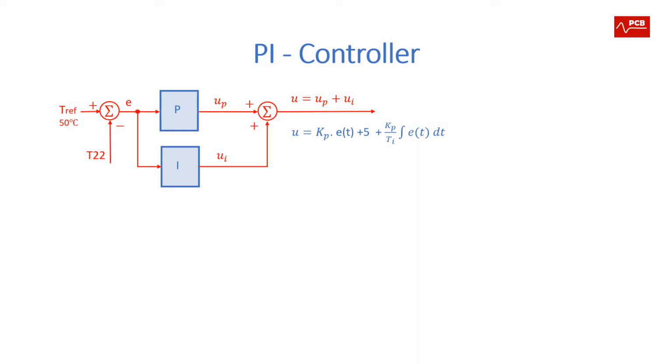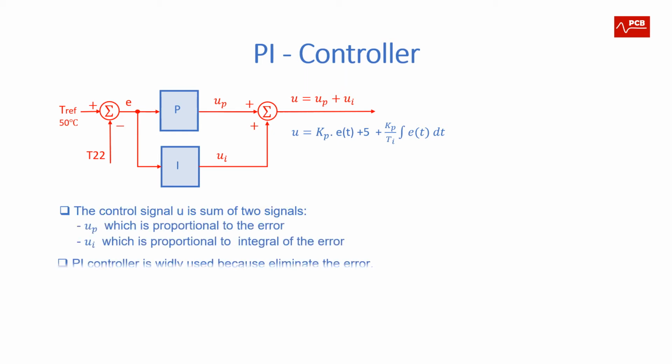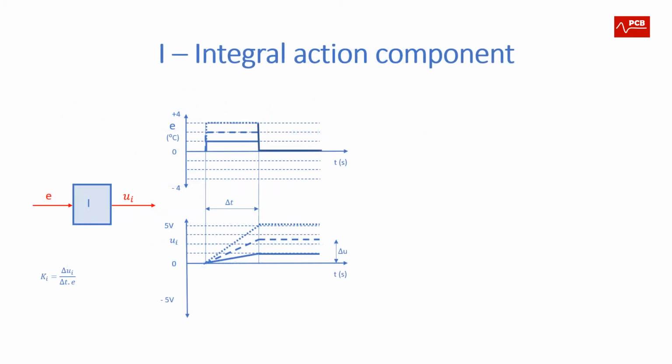This is the PI controller. It has a P and an I component, and it is the controller that eliminates an error, and that is a very widely used controller. The P component has proportional action, but the I component has an integral action.